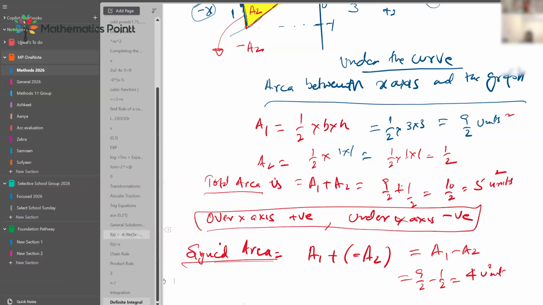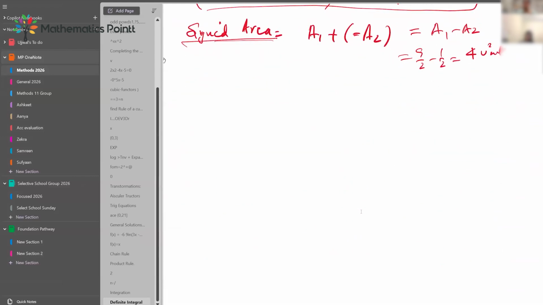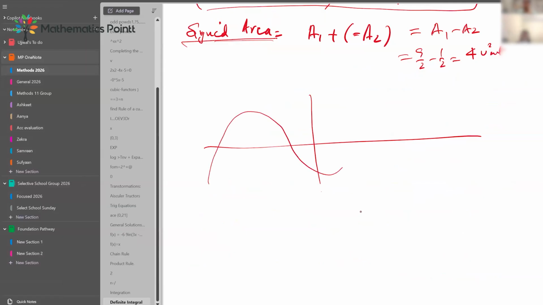Now, if I have a curve like this, and this is y and this is x and this is origin. So what is my area under the curve?